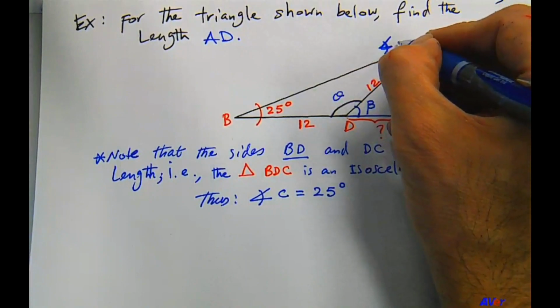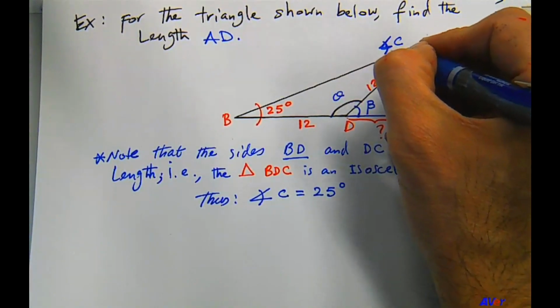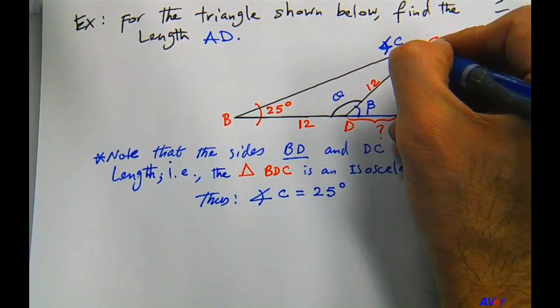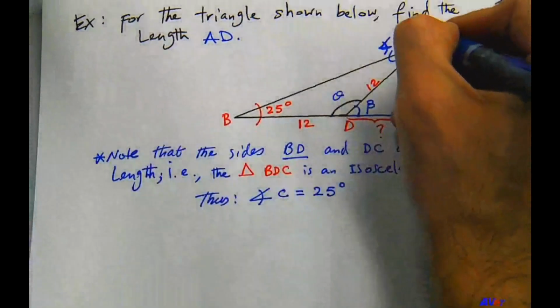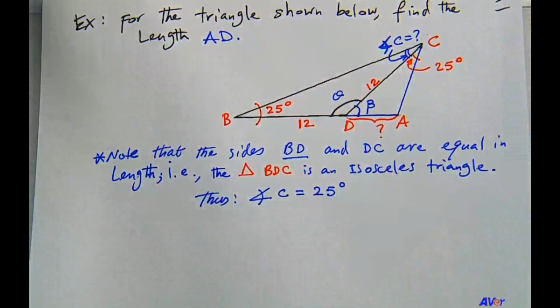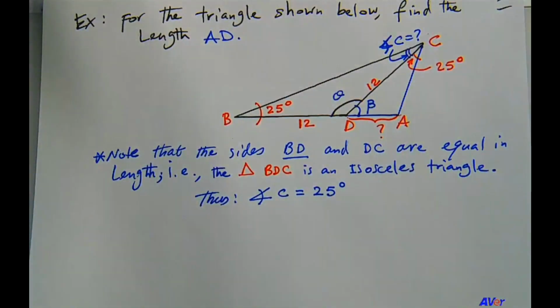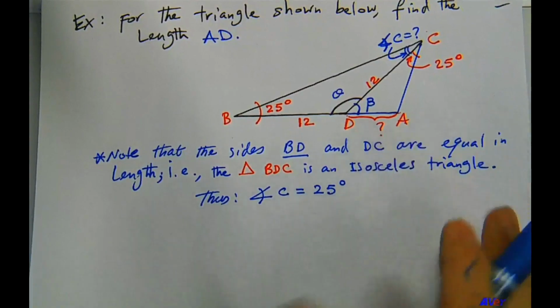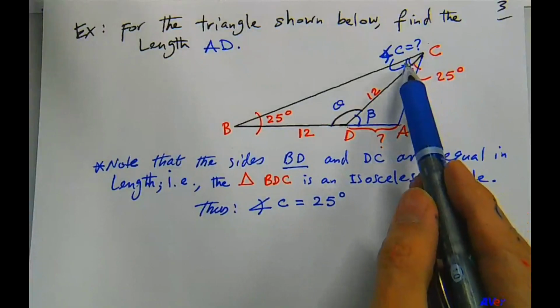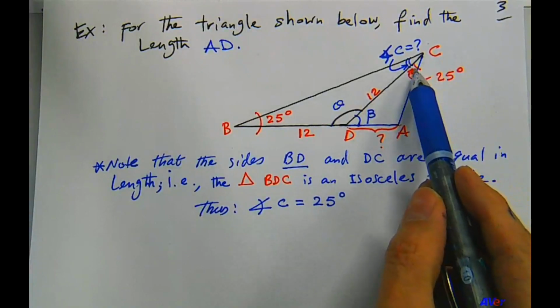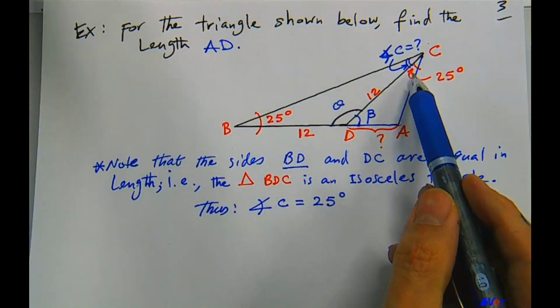Angle c is that angle here. Okay, it was a question mark, but now we know what it is. It wasn't given. And we know the other side was already 25. We knew that.